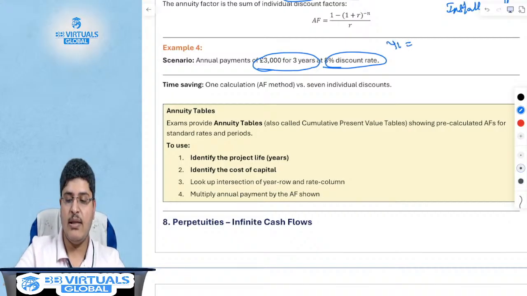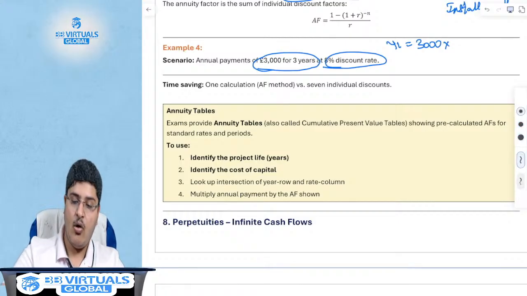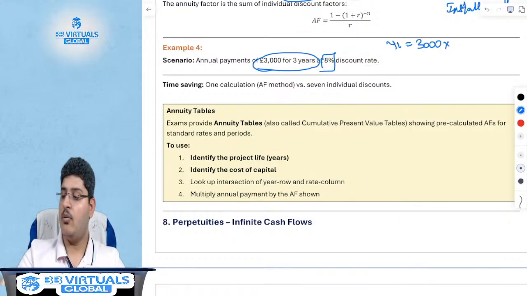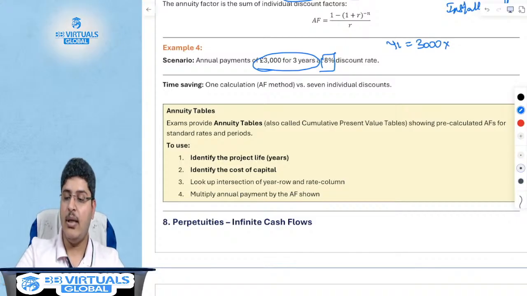Year 1, your cash flow is 3,000 into the discounting rate. The discounting rate at 8% at the end of year 1 is 1 divided by 1.08, which is 0.9259. What is it for year 2?